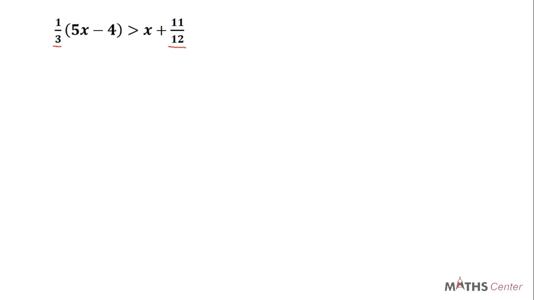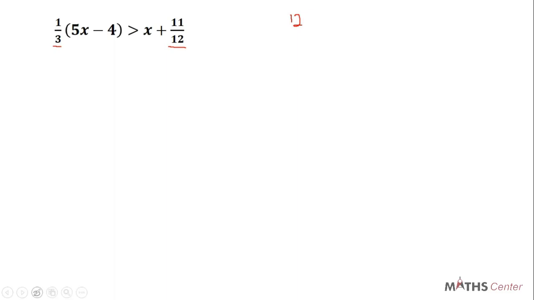So you find the LCM of 3 and 12. If you find the LCM of 3 and 12, you are going to get 12. So, as I said, if you want to know how to find the LCM of a set of numbers, watch the video on sets and you get to know how to find the LCM. So, LCM of 3 and 12 is 12.